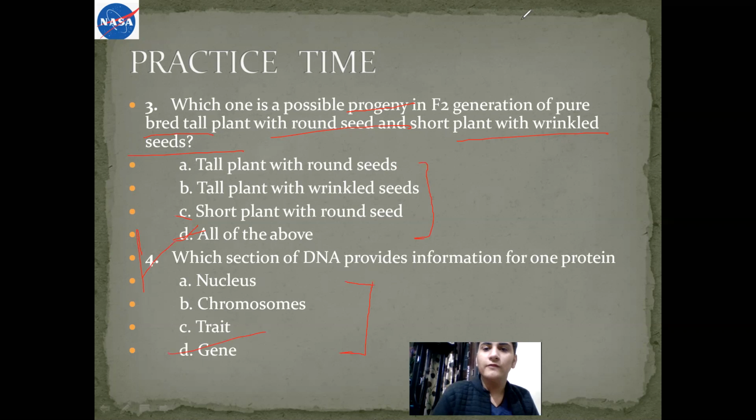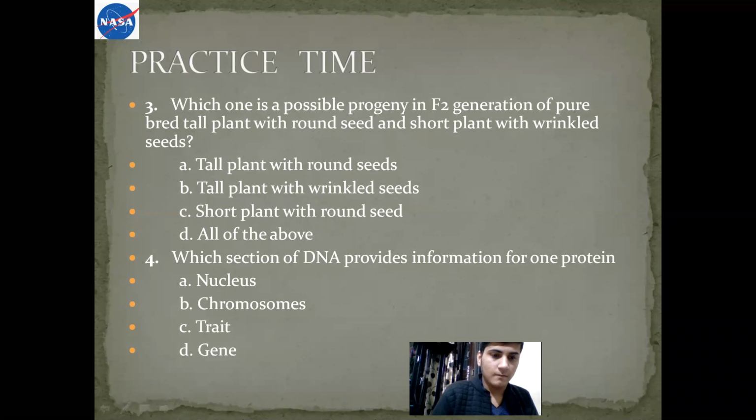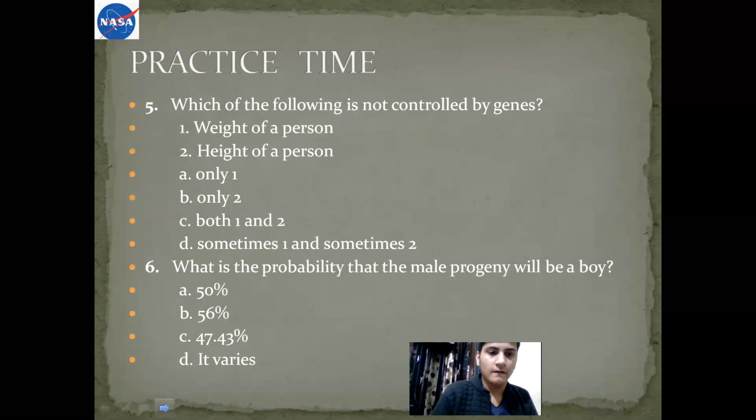Now, we move further. Which of the following is not controlled by genes? The first option is the weight of the person, and the second is the height of the person. Now the options are only one, only two, both one and two, or sometimes one and sometimes two.